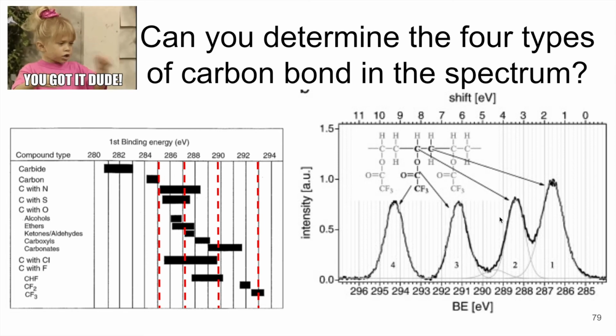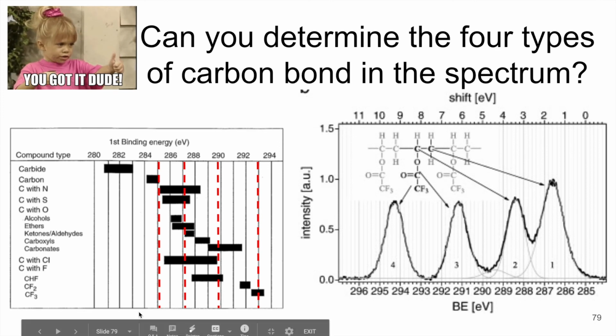The second one, you can see that we have this carbon-oxygen, so it looks like it's one of these functional groups in this middle cluster. The next one is 3 down here, so again, it's another one of those carbon-oxygen. And then the last one we see is the CF3, which corresponds to the position down here.